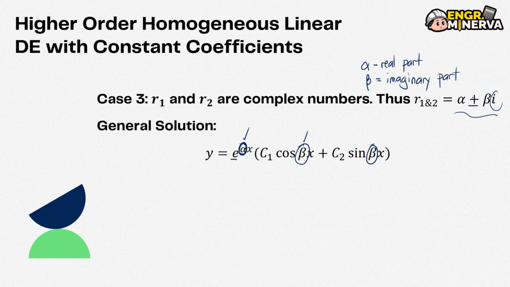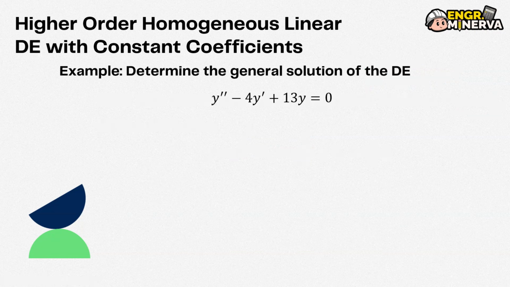Let's try our example. Determine the general solution of the DE. So again, the characteristic equation is r squared minus 4r plus 13 equals 0. The value of A is 1, the value of B is -4, and the value of C is 13.